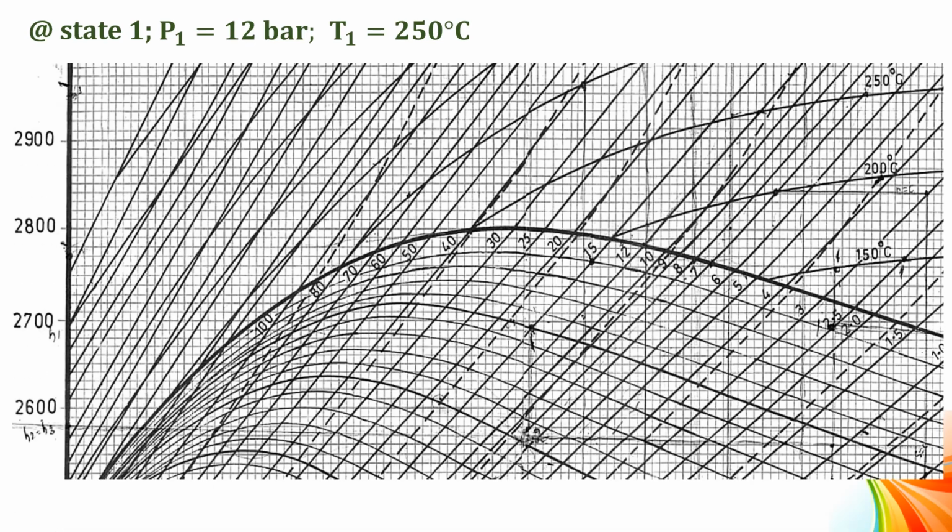So from the Mollier diagram, corresponding to a pressure of 12 bar and 250 degrees centigrade, both the lines are intersecting at this point. So here we have to mark that point as 1. Now we know the point 1 is above the saturation curve. If the point is above the saturation curve, then it is in superheated condition.